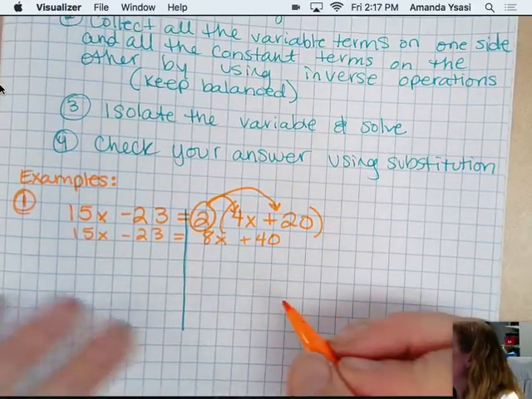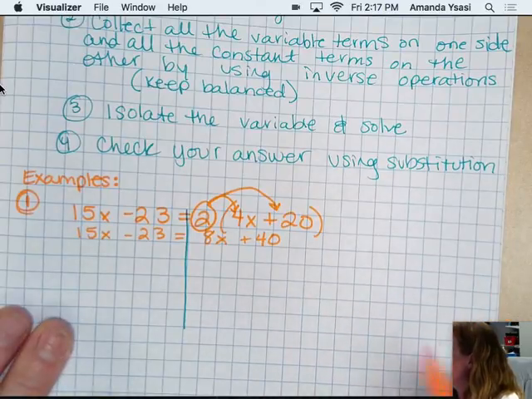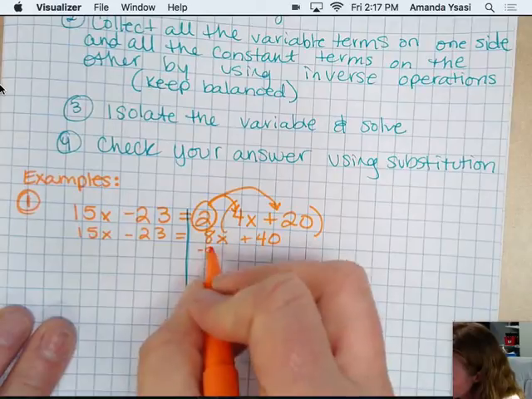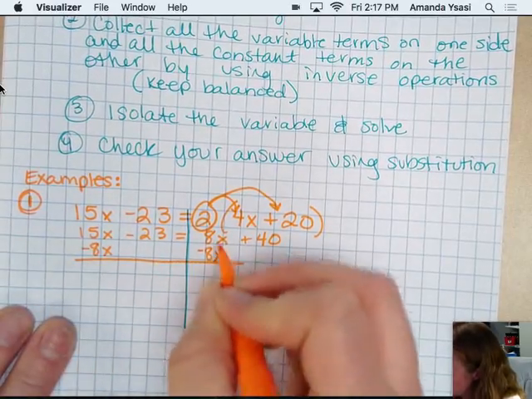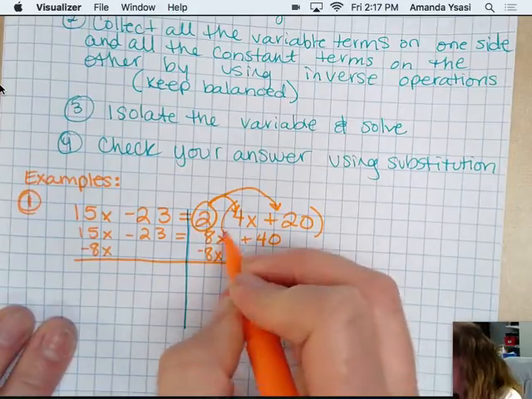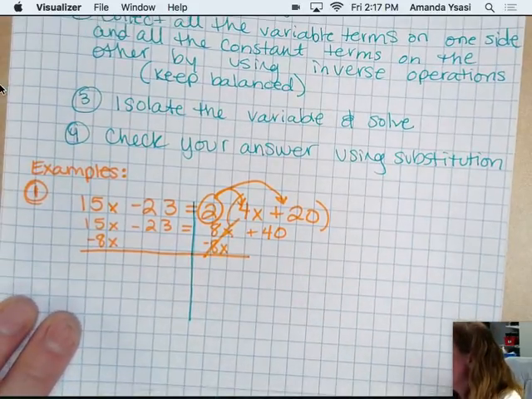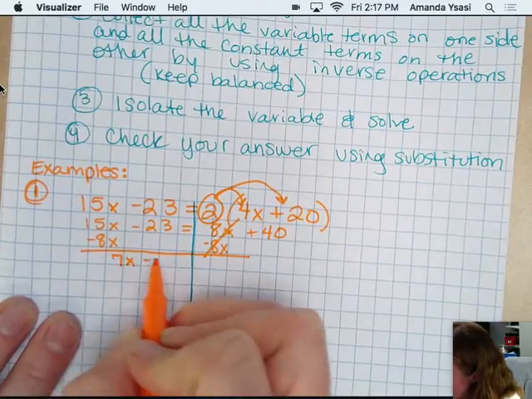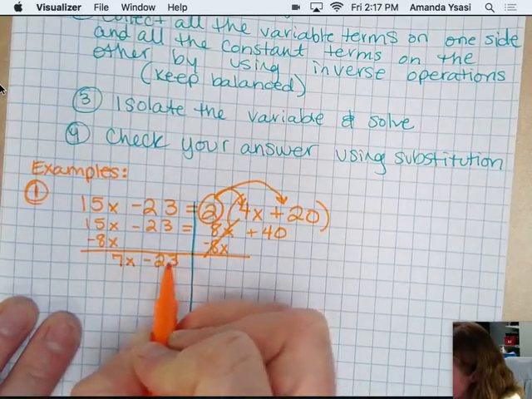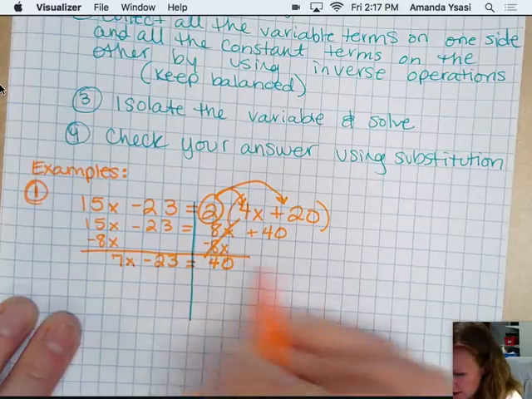And then usually the easiest thing you can do is move the smaller x to the other side. So we'll subtract the 8x from both sides. So that's an inverse operation. Positive 8x, negative 8x equals 0. So then we're left with 7x minus 23 equals 40.